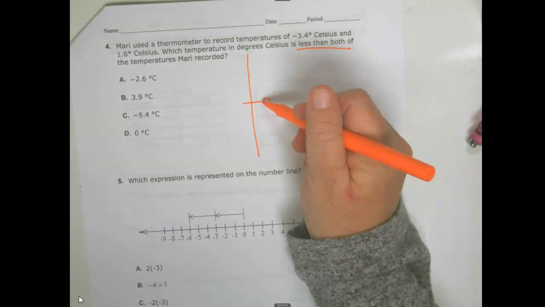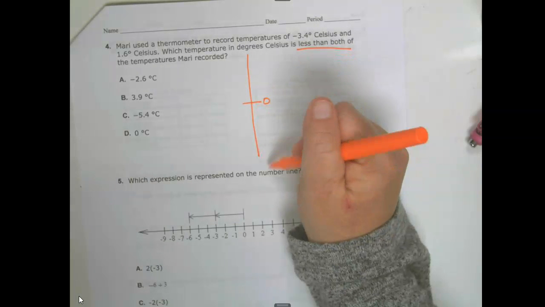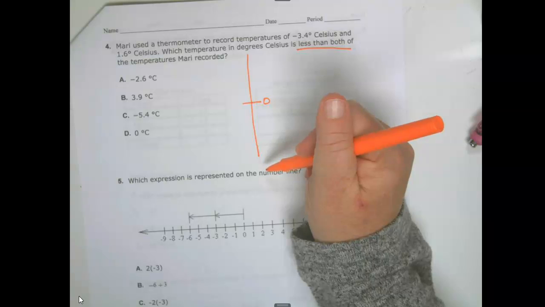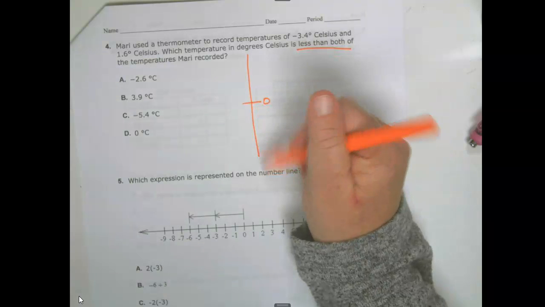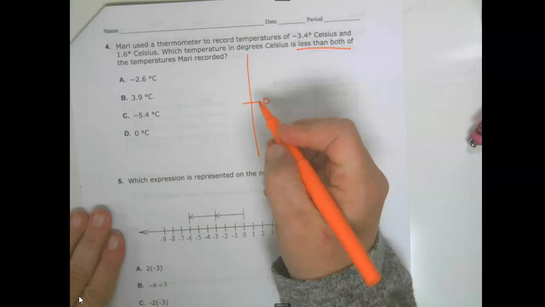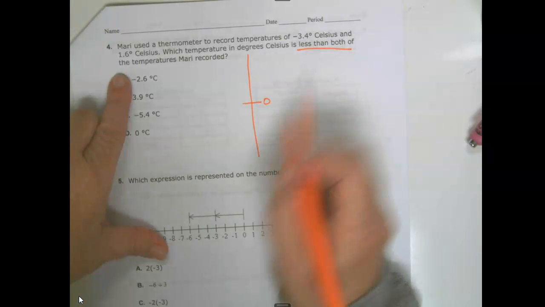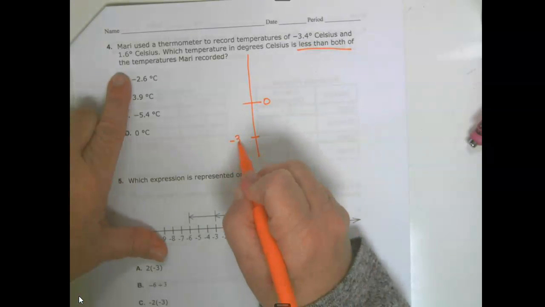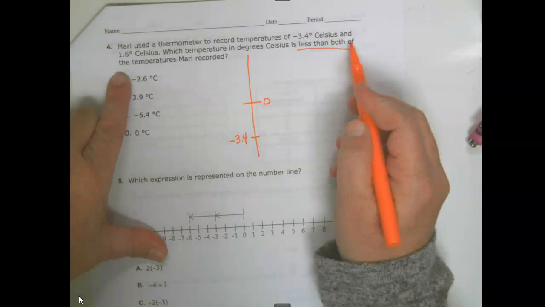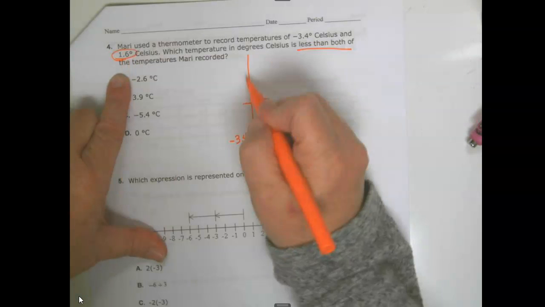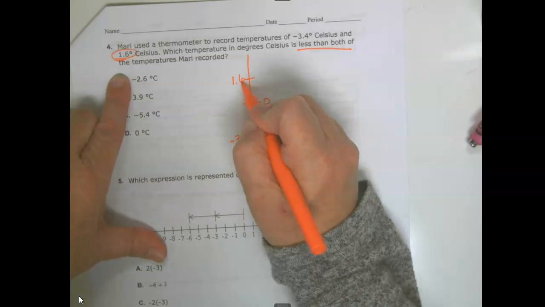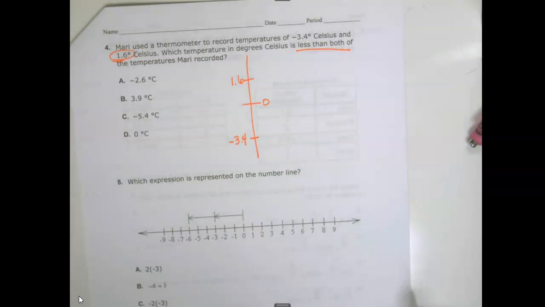I have 0, and then I have my numbers. Anything below 0 is negative. So I am going to put -3.4 here, and then I have 1.6 Celsius.